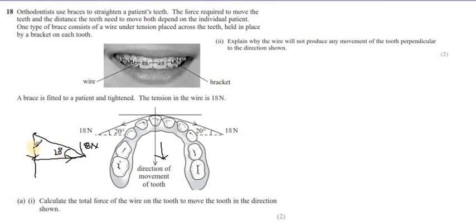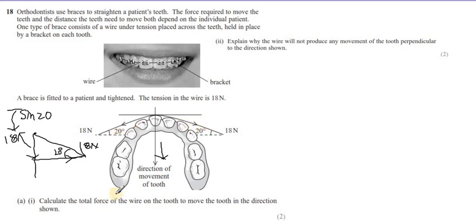So you can say that this downward component is basically T sine 20, and T, remember this T is the tension, which is 18, and you have two wires, left side and the right side.